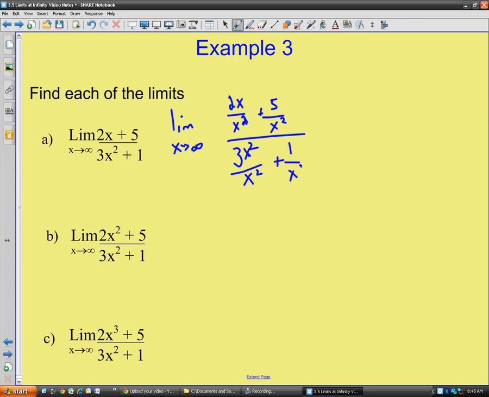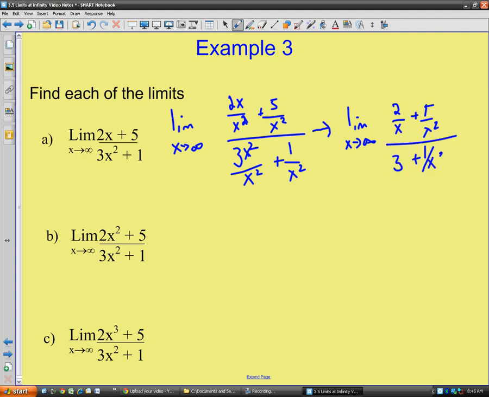We simplify as much as we can, and my limit changes to 2 over x plus 5 over x squared, all over 3 plus 1 over x squared.